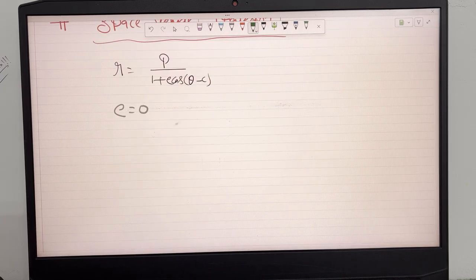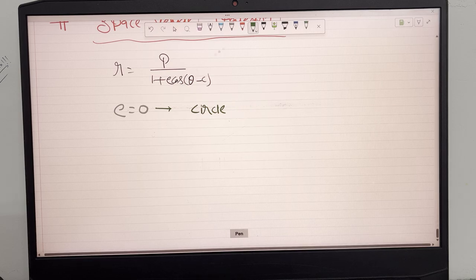If e is 0, then this is called a circle. That means the trajectory will be a circular trajectory. If e is equal to 1, then the trajectory followed by the space vehicle is parabolic.